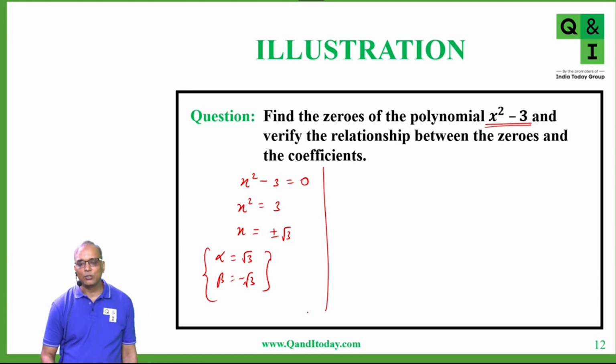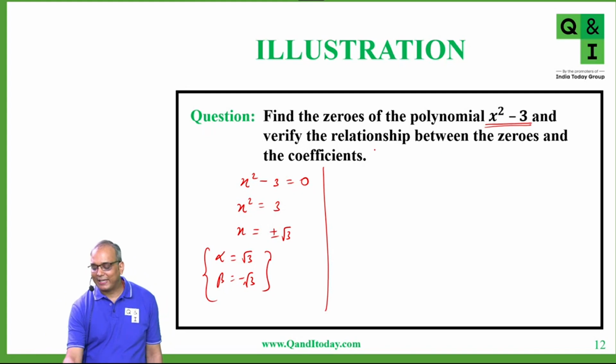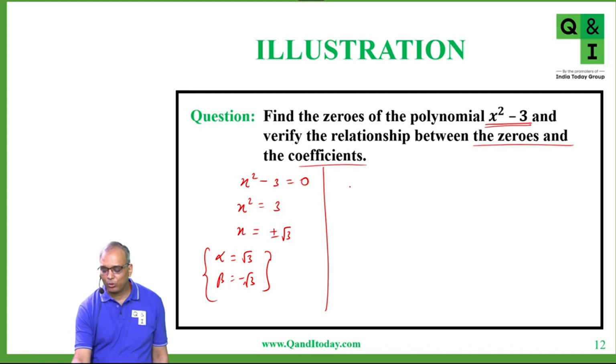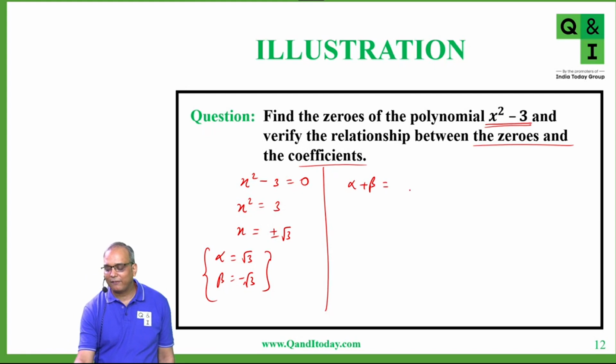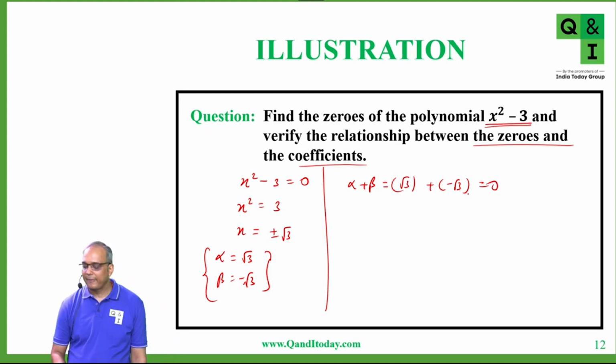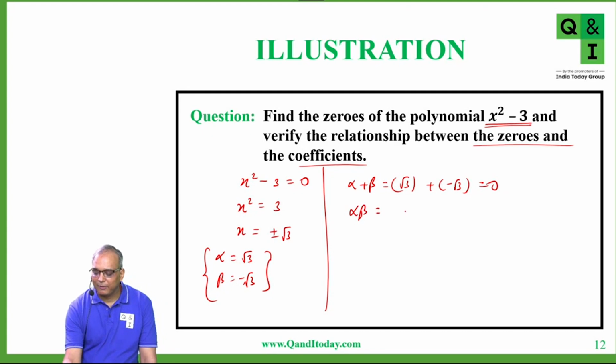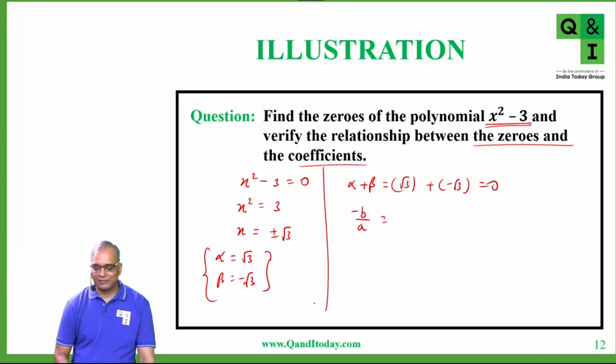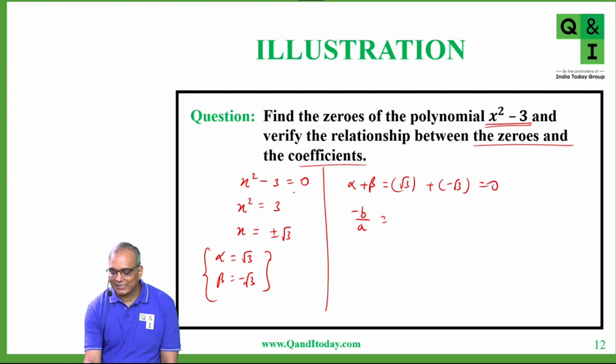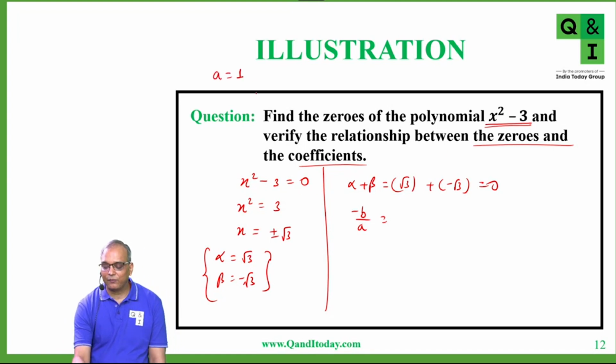Once you have got the zeros, now we have to verify the relationship between zeros and coefficients. How do you do that? The sum of zeros, alpha plus beta, is equal to root 3 plus minus root 3, which is equal to 0. And the product of the zeros, alpha into beta, will be equal to... before that you will have to calculate minus b by a here because you are going to verify this first. Since x square minus 3 is the polynomial, the value of a will be 1, the coefficient of x square.